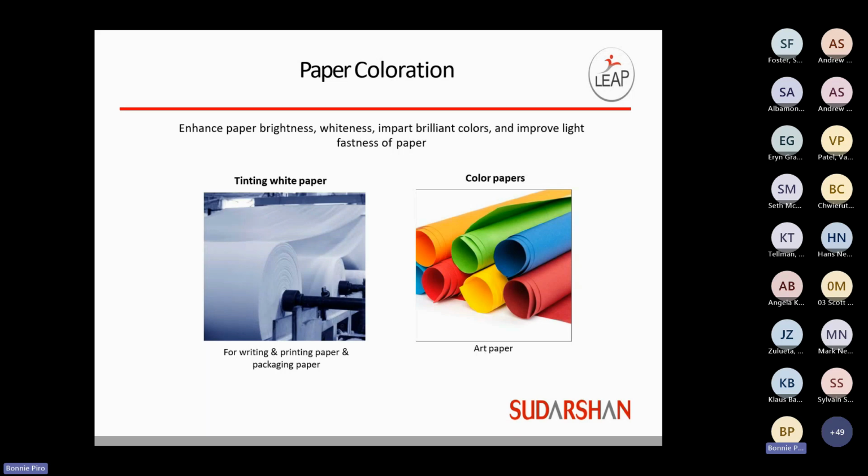A lot of times they will use a violet or a blue to make it brighter and whiter. So the blue undertones tend to make it visually brighter and lighter. And of course, the colored paper that we all knew and loved during our school days is heavily colored as well.